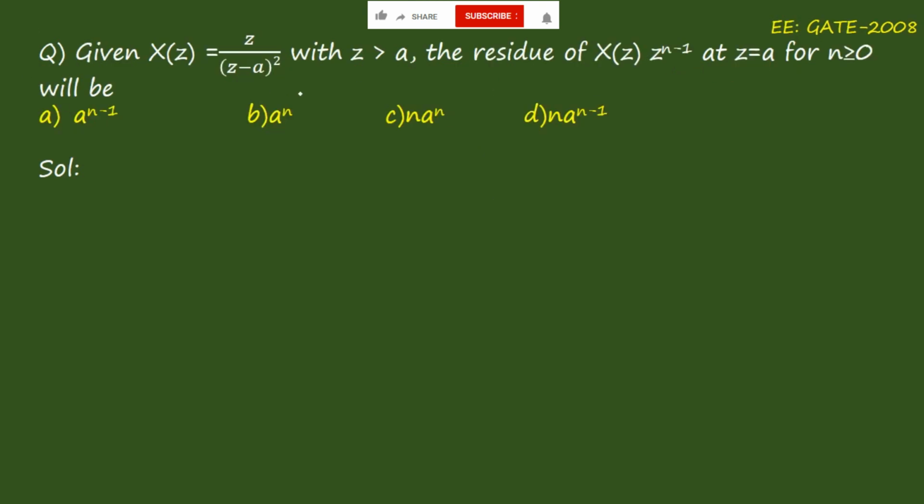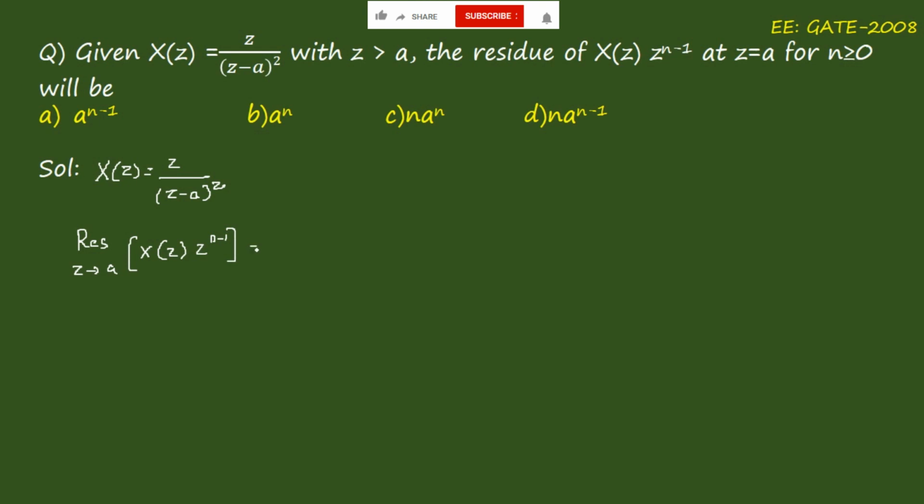The question is, given x of z is equal to z by z minus a whole square, z is greater than a. The residue of x of z into z power n minus 1 at z is equal to a, for n greater than equal to 0, will be. Okay. Now given that x of z is equal to z by z minus a whole square. Right. Now they are asking the residue at z tends to a of x of z into z power n minus 1.